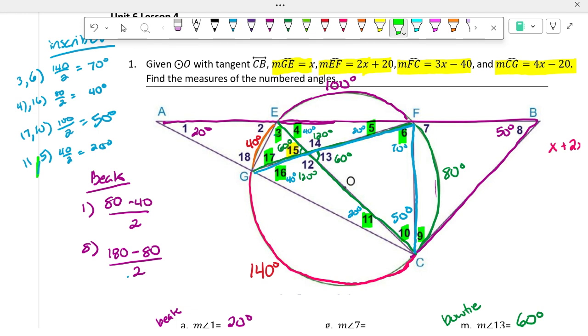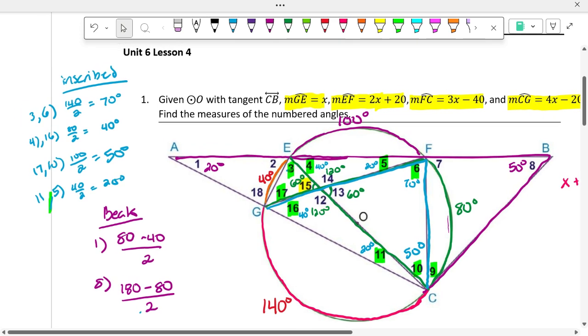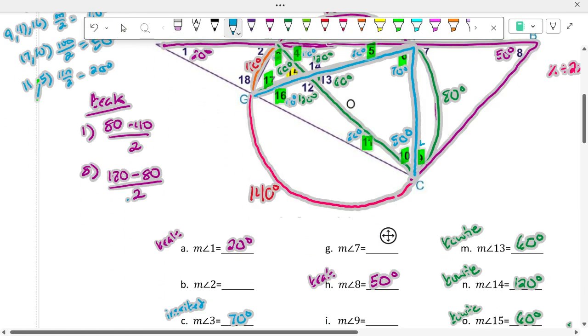And remember, this is like the weird ice cream. It's 80. So I'd still divide it by 2, so it would be the same as 4 and 16. So it'd be 40.